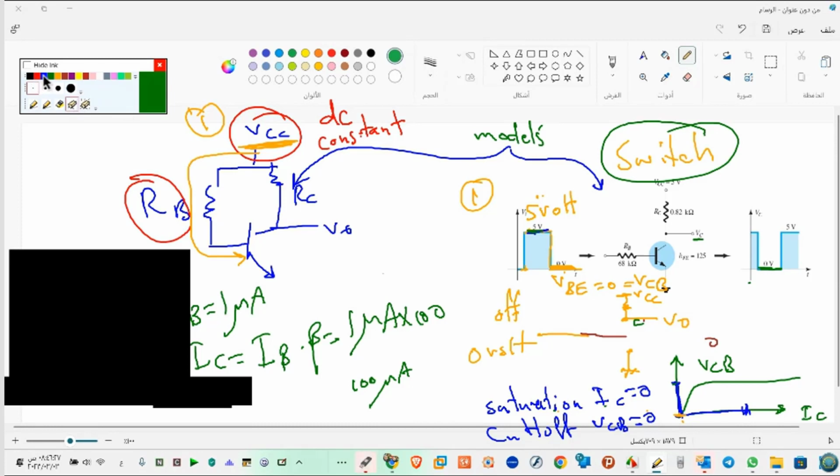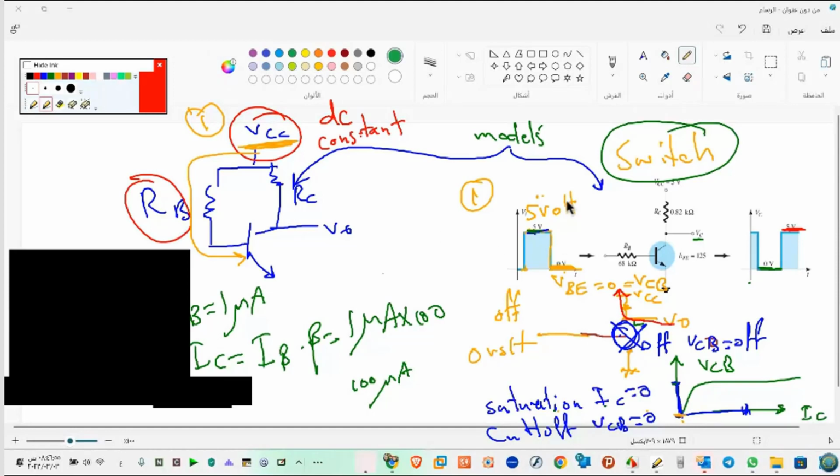I will connect VCB here equals 0, this area. That means the transistor doesn't work, sorry. Transistor doesn't work. This is on. Off, that means VCB is off. Transistor doesn't work. So I will connect VO to the VCC.